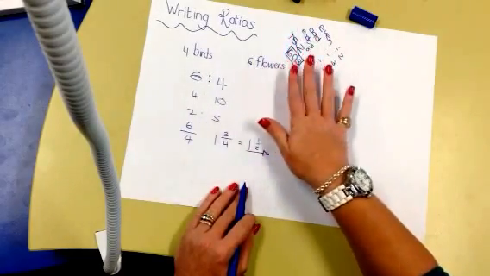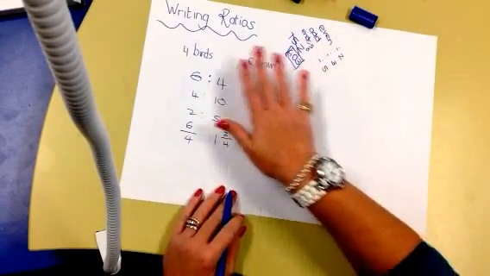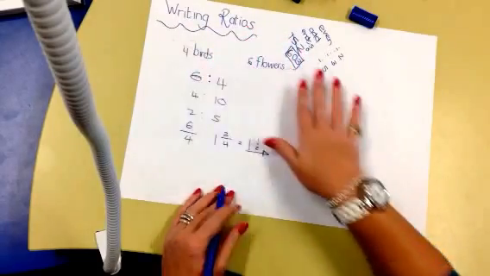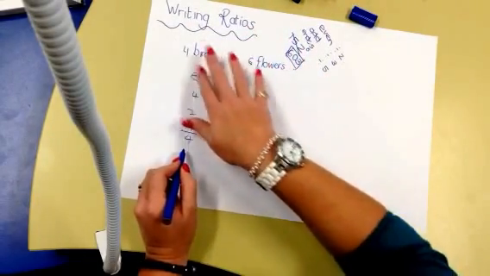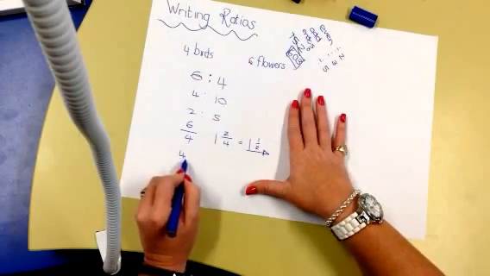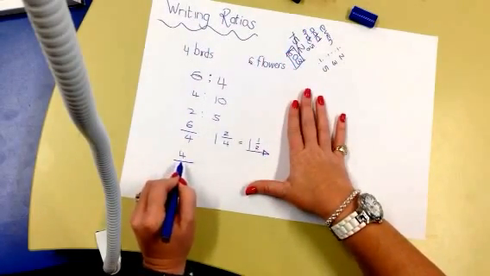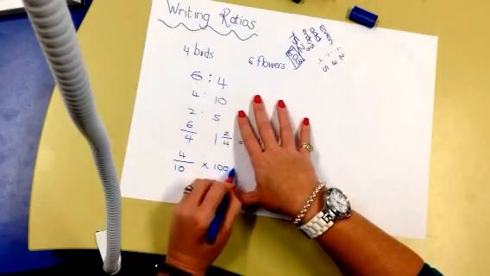The next thing they're going to ask you is about percentages, all right? So if they say, what is the percentage of birds to all the organisms in the garden, you would put it as a fraction first: 4, and all the organisms in the garden are 10, and you've got to multiply that by 100%.